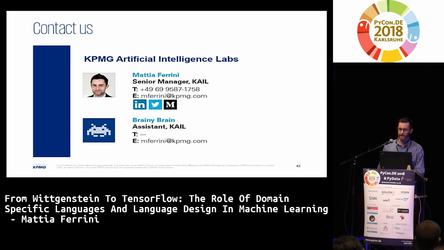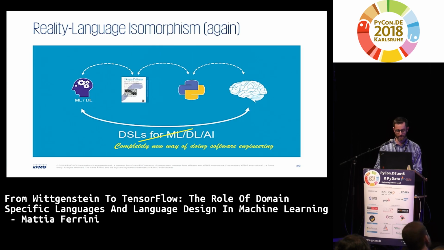So I am particularly fond of initiatives like Swift for TensorFlow. I think it's a very compelling way of looking at this idea of a new way of doing software, taking into account the ideas we learn from Wittgenstein, such as trying to prevent as much as possible illegal states.